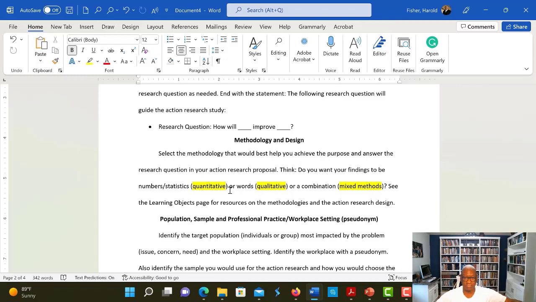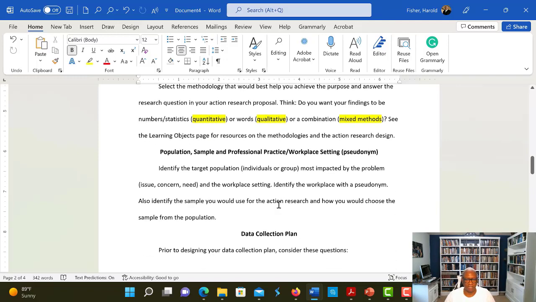Demonstrate that you understand the combination of mixed methods and why you're going to do that. Because if you can't tell me why, then I'm going to push back and say you need to work on this a little bit more. I may even guide you: I really think this sounds more like a qualitative, or it may sound more like a quantitative. So make sure you fully understand this, because this is almost like the heartbeat of your action research as far as the methodology that you're going to choose.